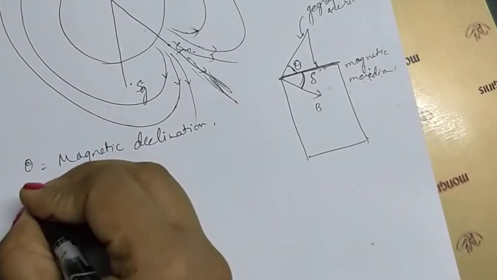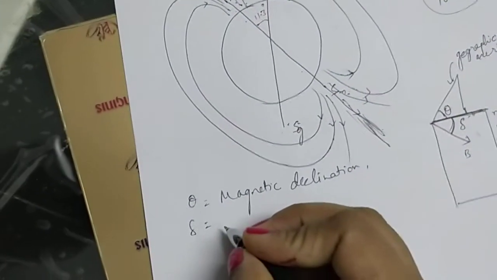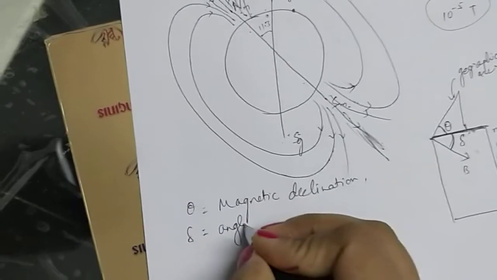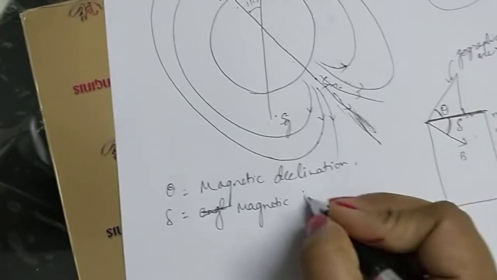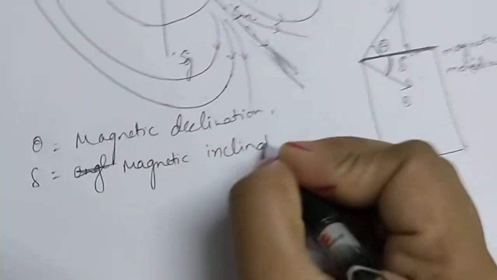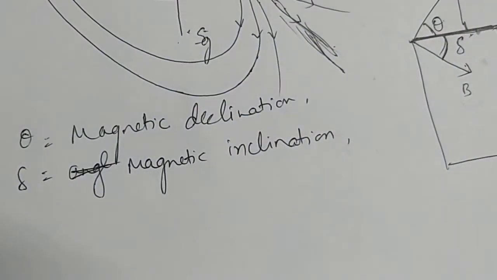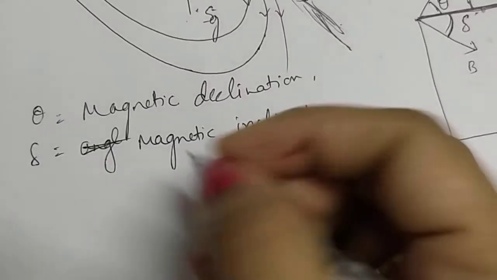Delta is angle of inclination, or you can write magnetic inclination, which is also called magnetic dip.